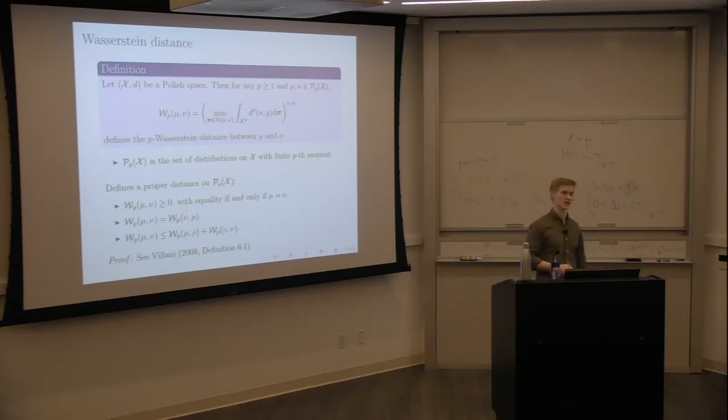And that's the key here, that if you have a cost function that captures something meaningful about the space that your data lies in, then you can incorporate that into this optimal transport problem so that your discrepancy inherits that geometric insight that you had about the base space. Any other questions?